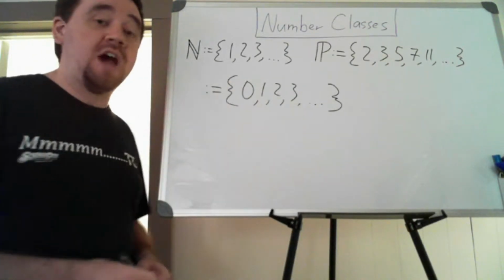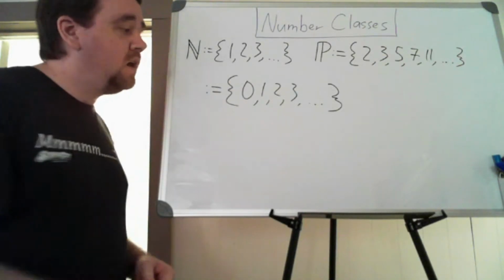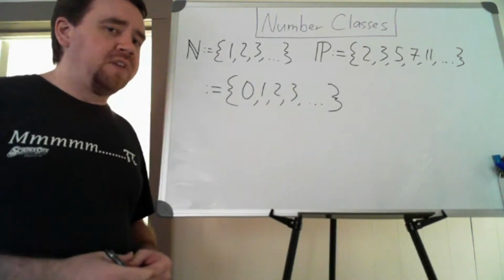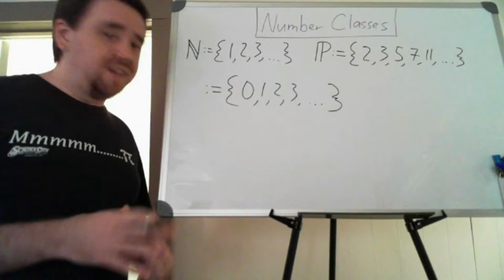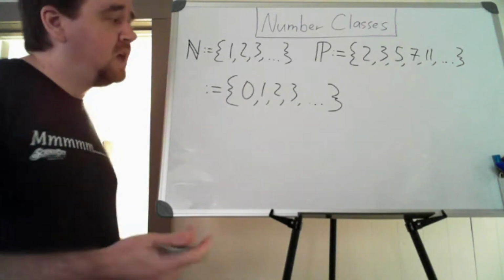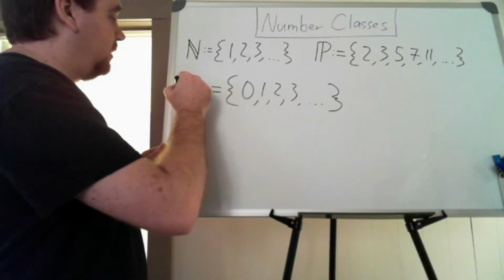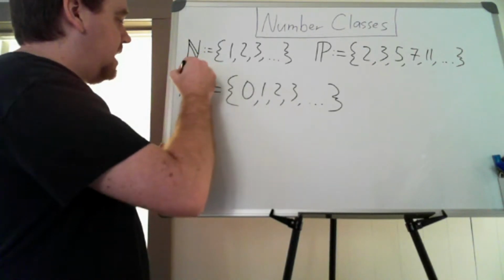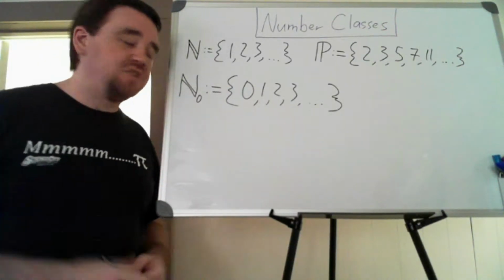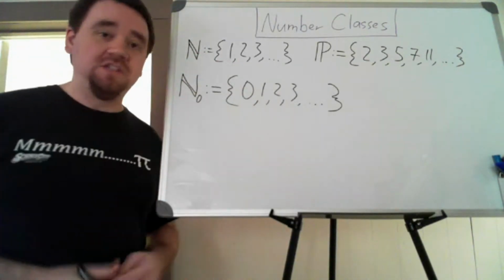We obviously haven't even gotten into fractions yet, and that's fine. But they're so close to the natural numbers that they're not really worth giving their own special symbol. It's not like we use a capital W and bar the middle lines or anything like that. So what you'll see most of the time is we're still going to use the same N from the natural numbers, but we're going to put a subscript 0 on it. And that just means it's the natural numbers with a 0.